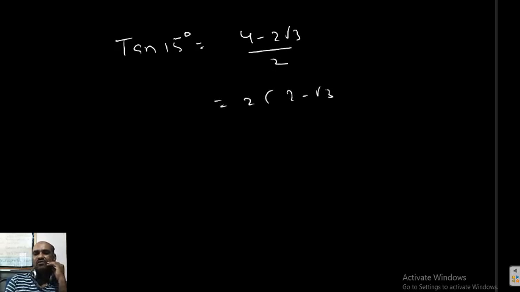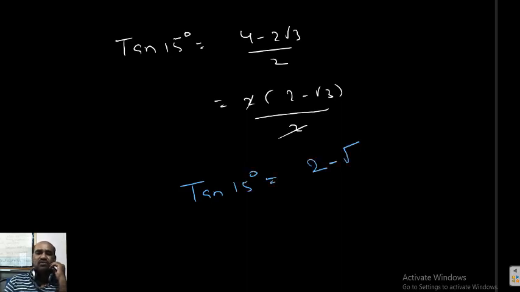Okay, what I got, I will write, students, here: tan 15 degree equals 4 minus 2 root 3 by 2. I can take 2 common in the numerator, 2 minus root 3, and the 2 gets cancelled. Finally, the tan 15 degree value should be remembered as 2 minus root 3.